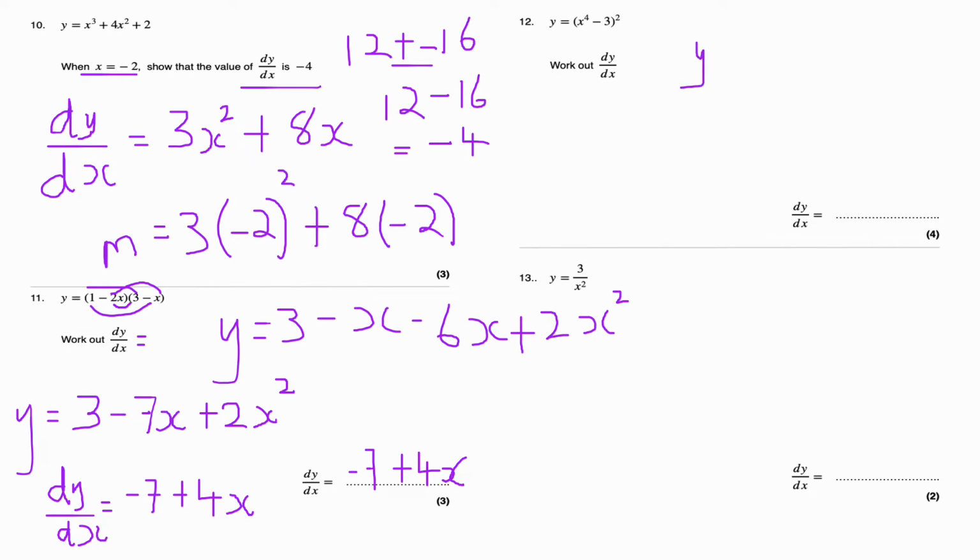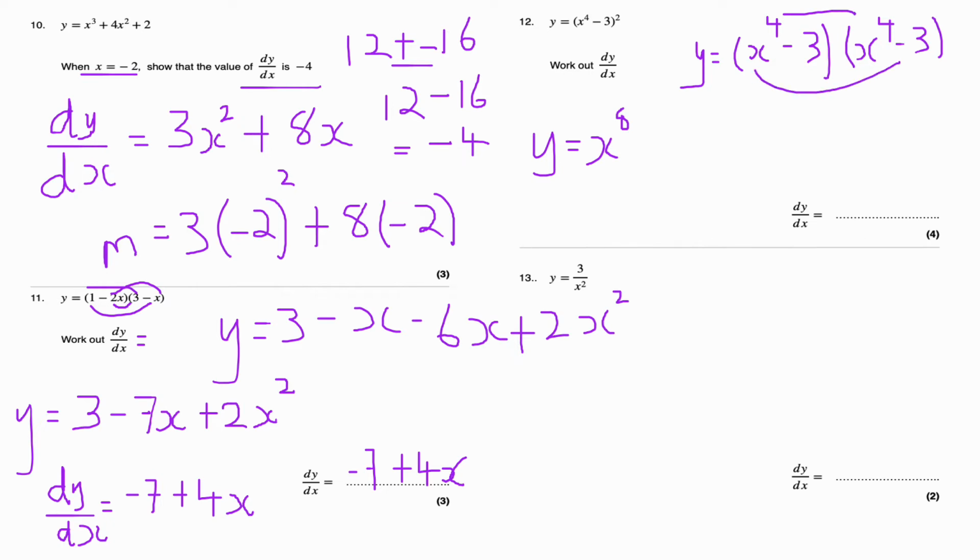Well, expanding this double bracket, taking my time here very carefully, we are going to get x to the 4 times x to the 4 is x to the 8, using the rules of indices, that if it's the same base and I'm multiplying, I just add the powers. x to the 4 times negative 3 is minus 3x to the 4, minus 3x to the 4.